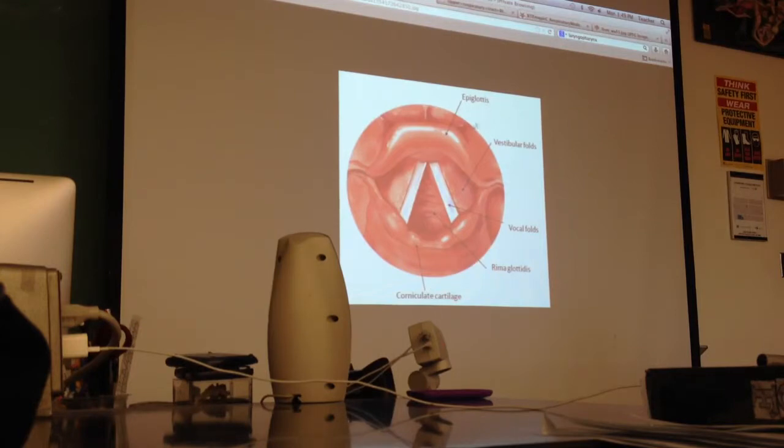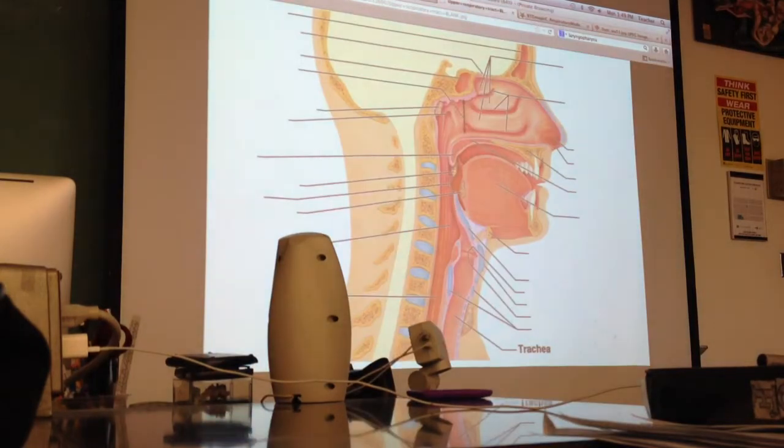Now, if we're going to overlay what we're seeing here to our sagittal cut views, because this is really all we have to identify these things on, you'll see that there's two flaps here, right? Don't let the fact that there's two flaps confuse you, because it often does. One of them is not the vestibular fold and the other one the vocal fold. One of them will contain both of those structures, all right?